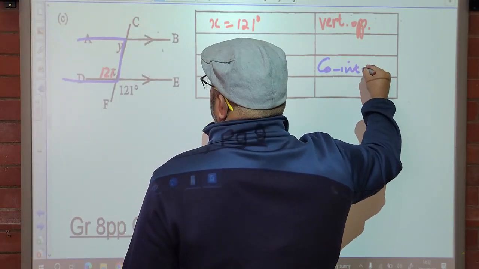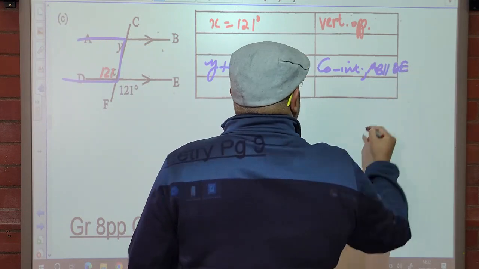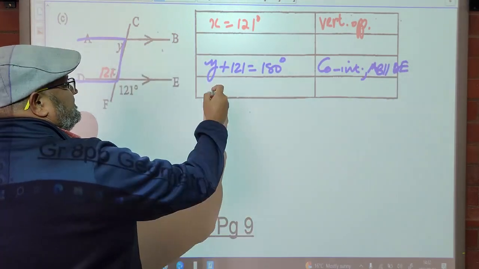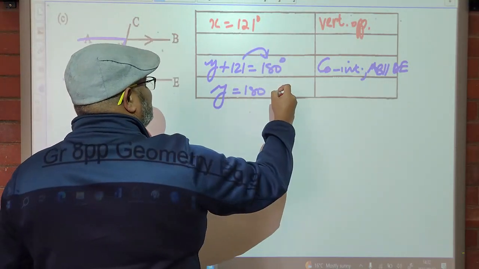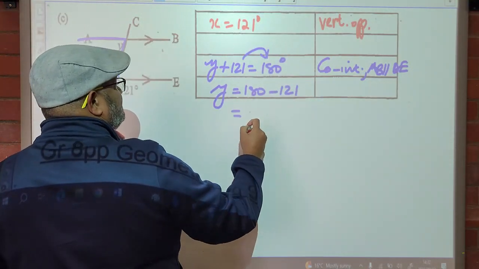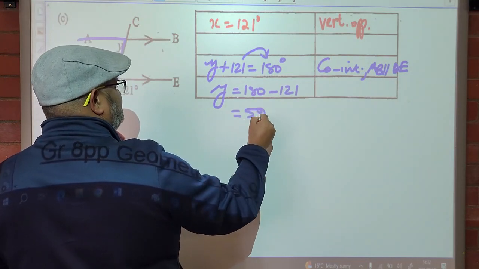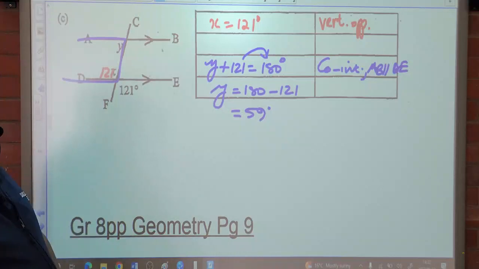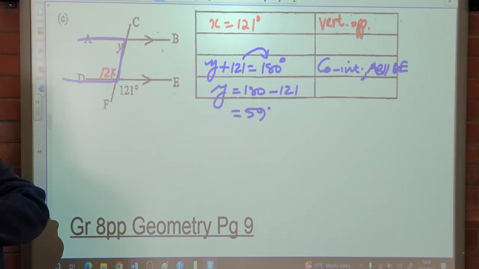Co-interior with AB being parallel to DE. So y is equal to 180 minus 121, which is 59. Okay.